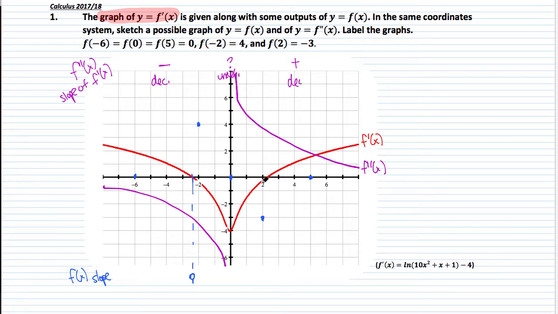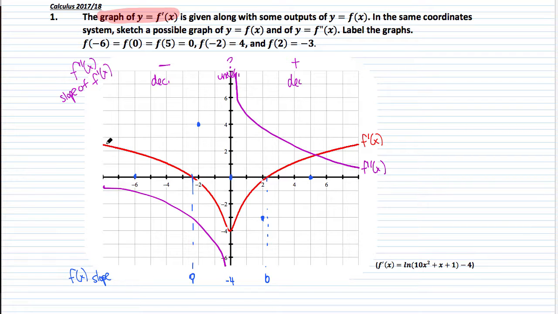The same is true over here, where my first derivative is equal to 0. Right here in the middle, it looks like it's negative 4, so my slope is negative 4 at this exact location.